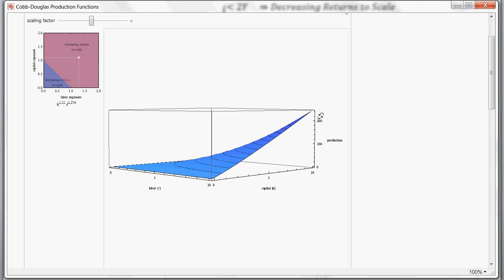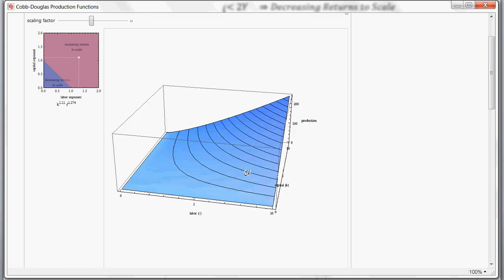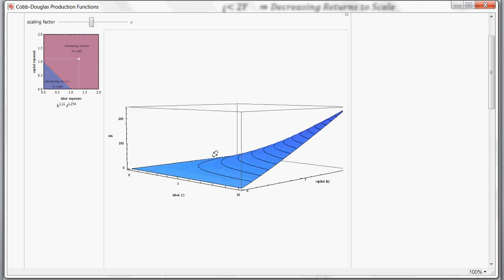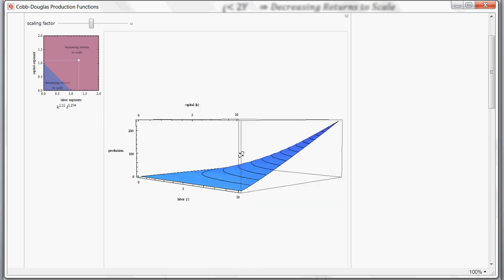We see that we more than double the output, to 240 something. This point is the level of production with 5 labor and 5 capital. When you double the inputs from 5 to 10 capital and labor, you get more than double the production.